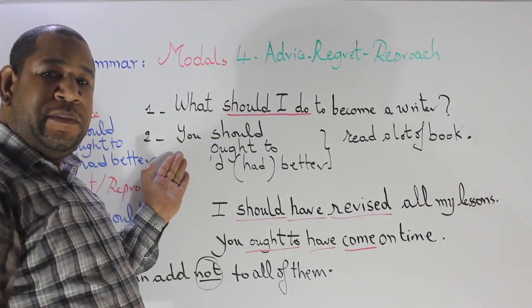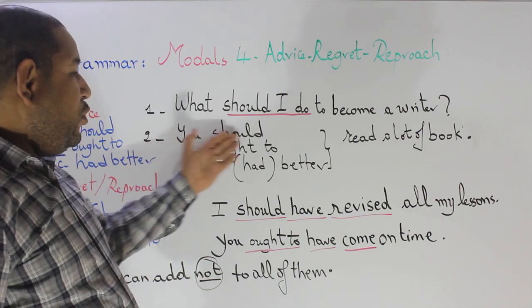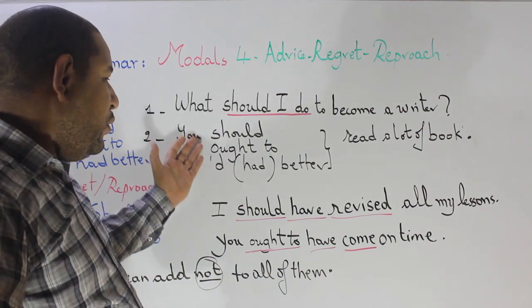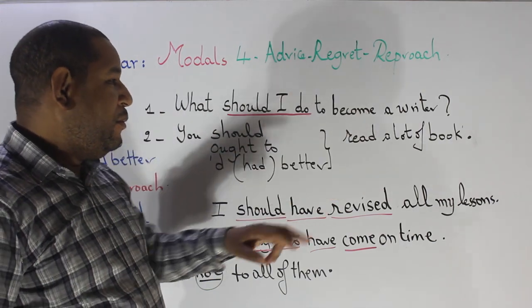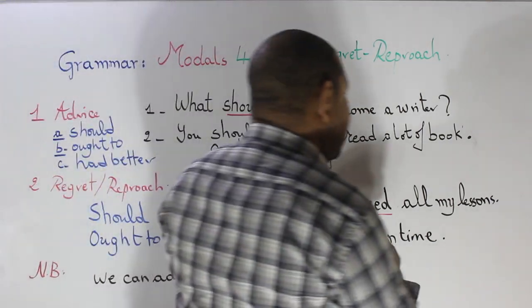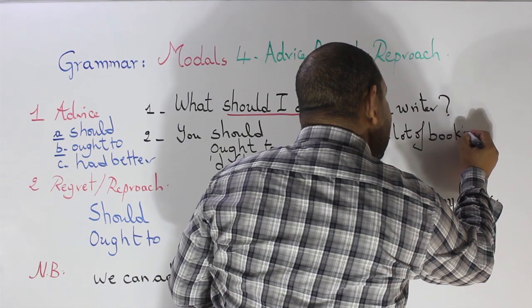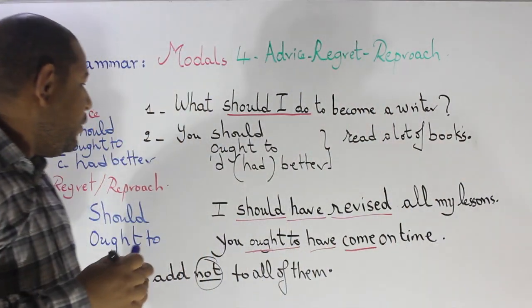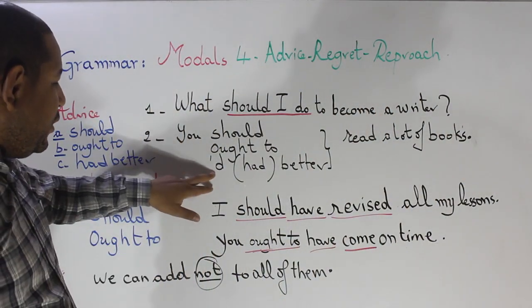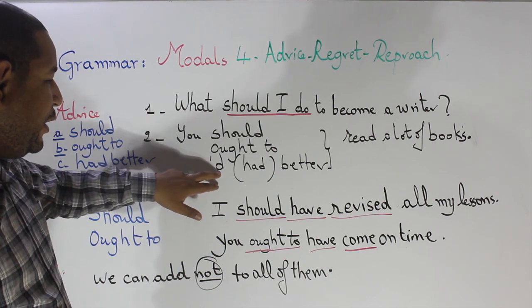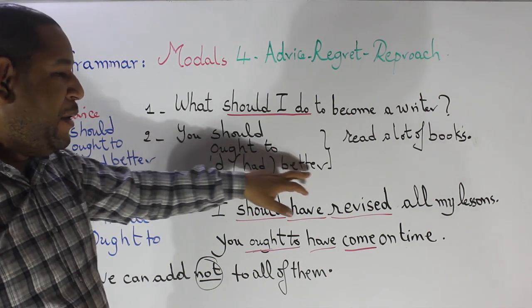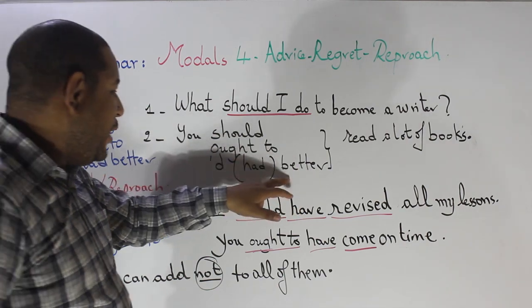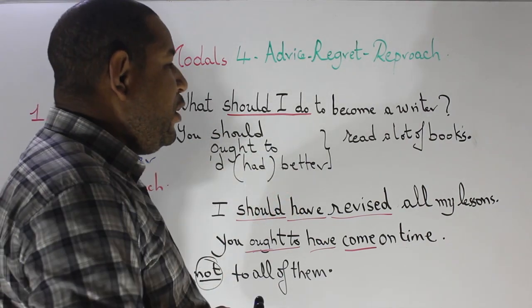If I want to give somebody advice, I can say, you should, or you ought to, or you'd better read a lot of books. Okay, so here we have read a lot of books. For this one, we have the apostrophe and the D. You'd better, which means you had better. You had better read a lot of books.